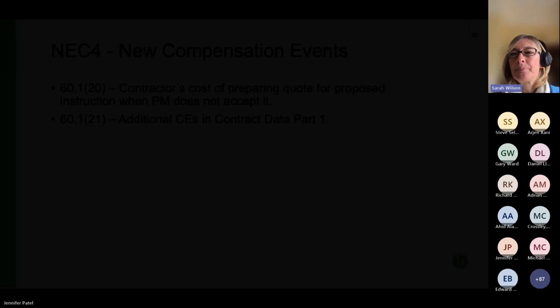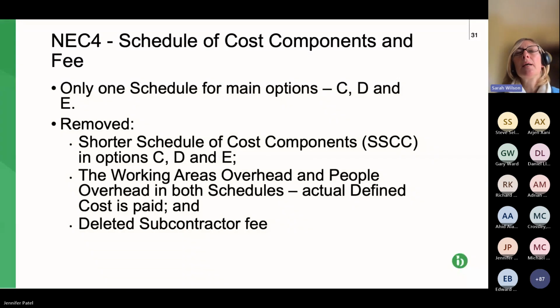Next slide, please. So we're going to quickly look at the adds and omits in NEC4. I think we've covered them all. So the first bullet point is we've only now, for options C, D and E, we only now use the schedule. There's no facility to use the shorter schedule.